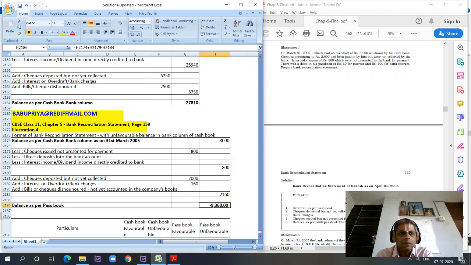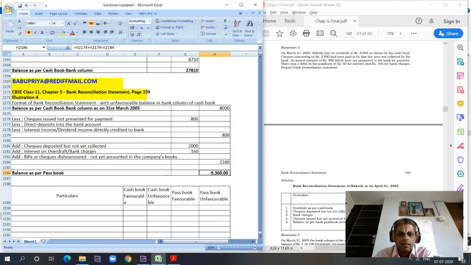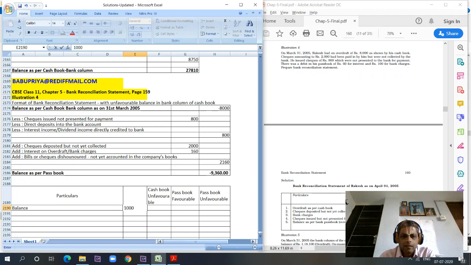To make it more simple, let's put it like this. Balance: cash book favorable balance, unfavorable balance. I'm just putting some summary here.